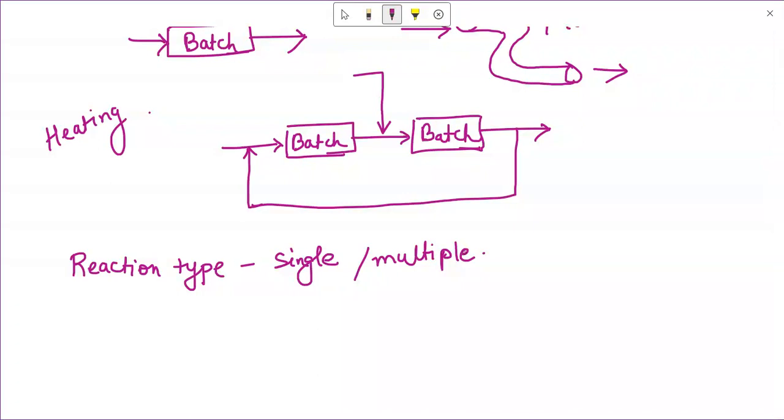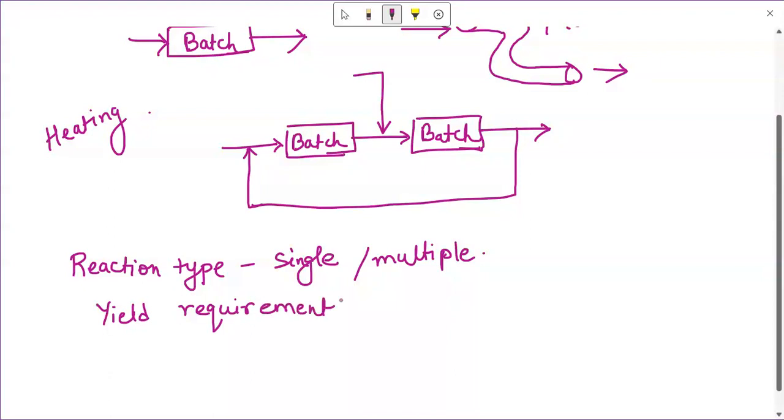Then you also have, let's say, the required yield, or how much production you actually require, the scale of production. So I'm writing it in short: scale of production. Then another very big factor is an economic factor, that is the cost of equipment.